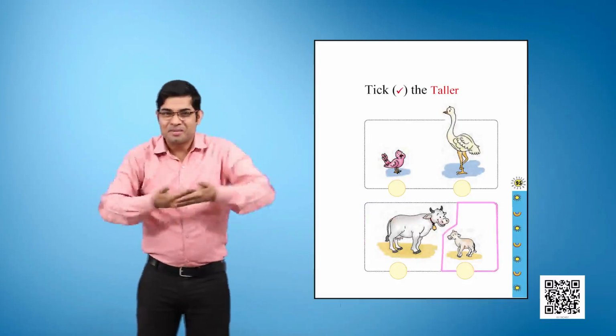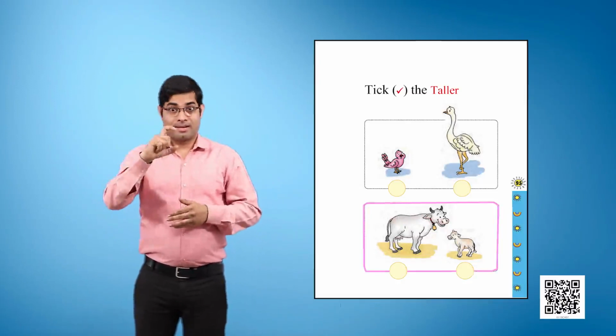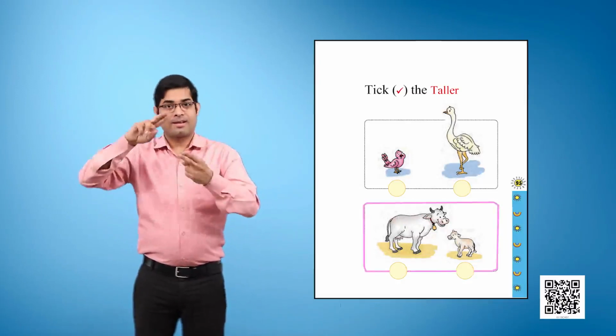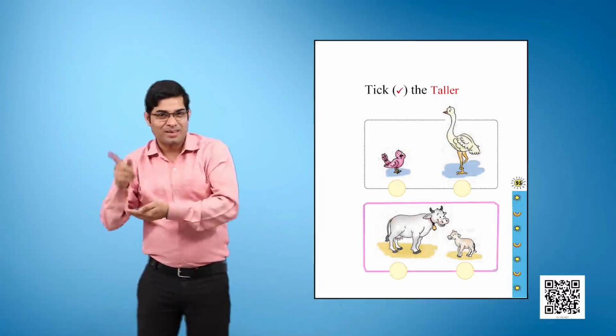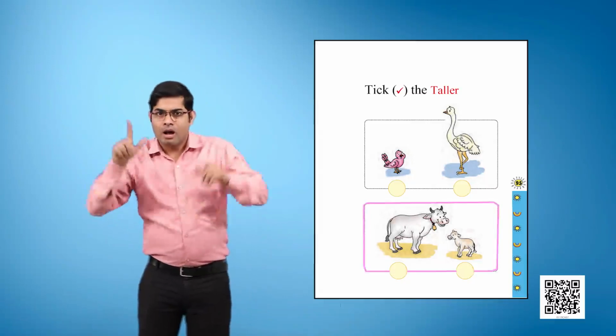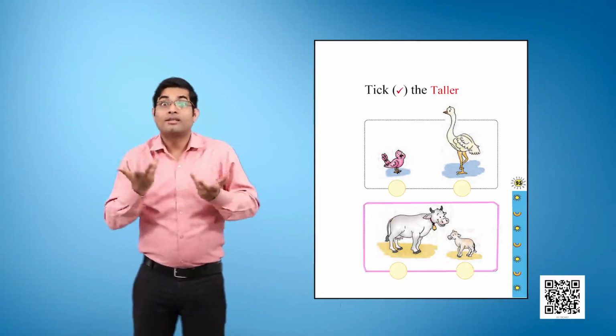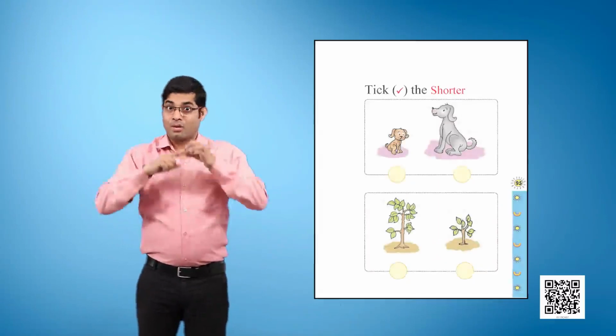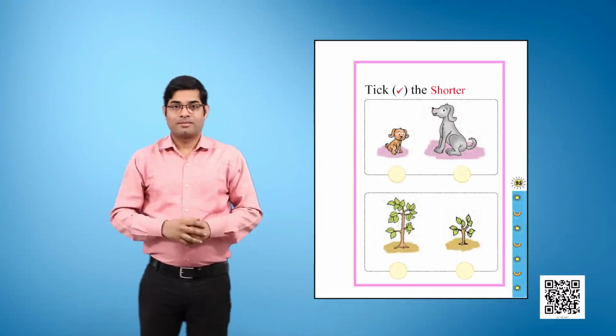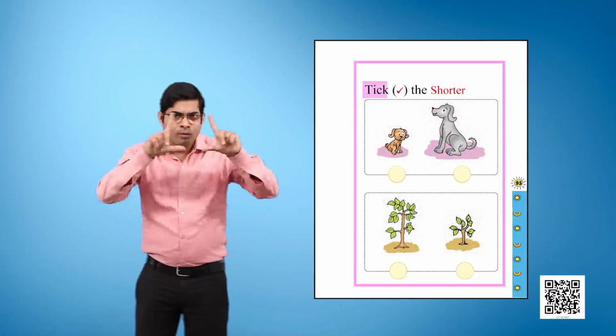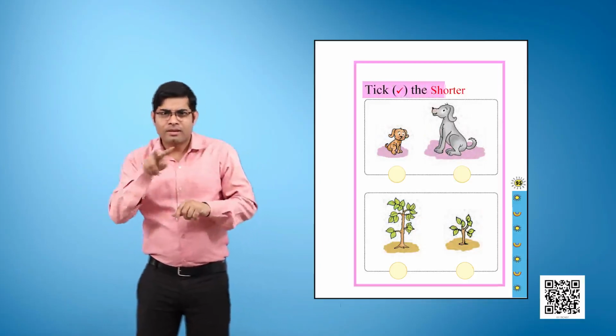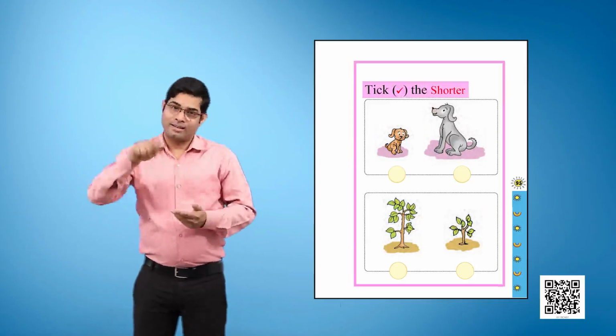Calf is baby cow. You have to tell which one is taller, cow or the calf. Question 2. Tick and identify the shorter in the given pictures.